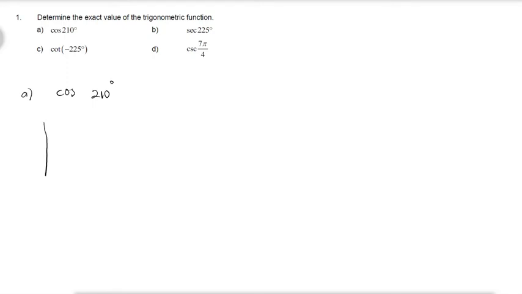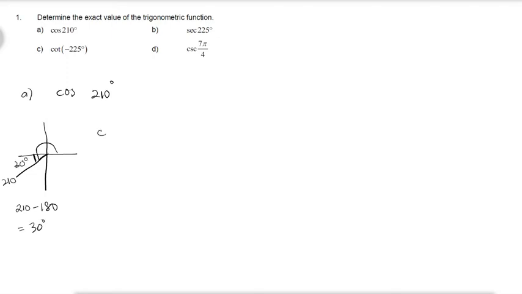First, sketch cos 210 from initial to terminal, where we get it at this value 210. So we need to find the reference angle. We just need to find 210 minus 180. So you will get the reference angle as 30 degree.